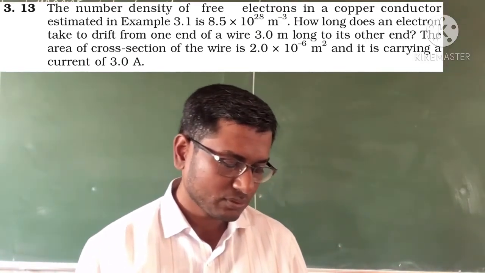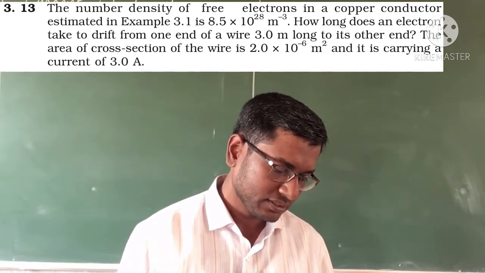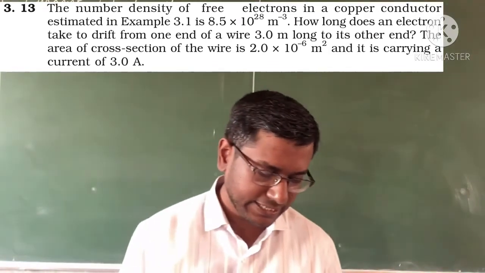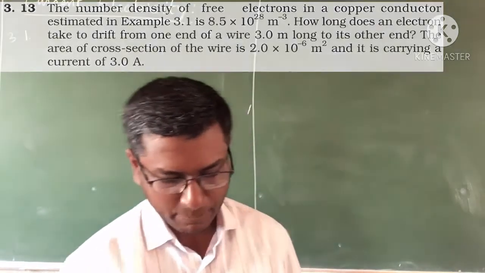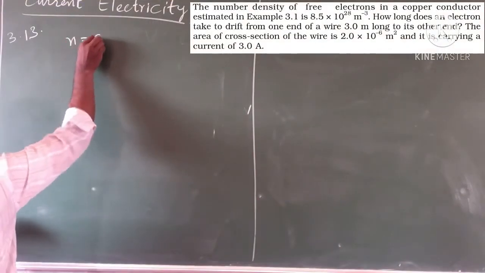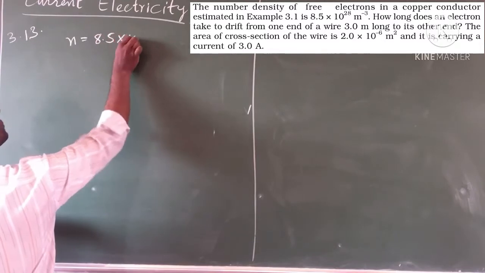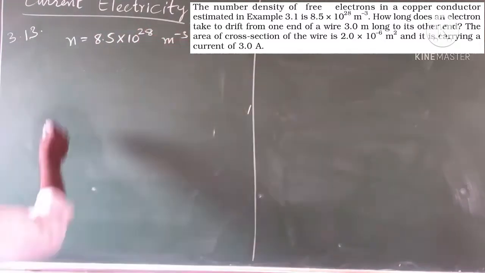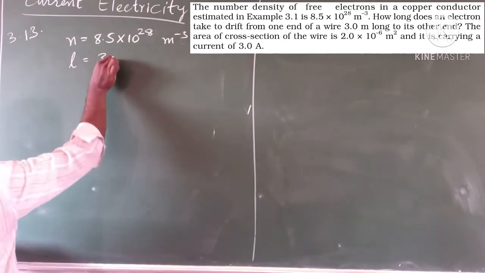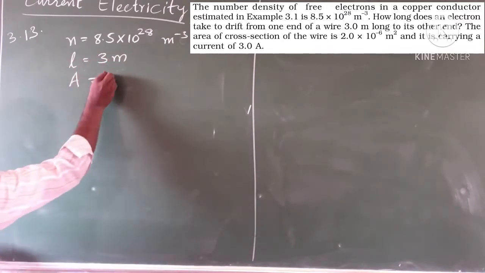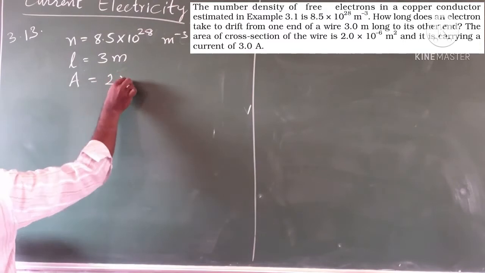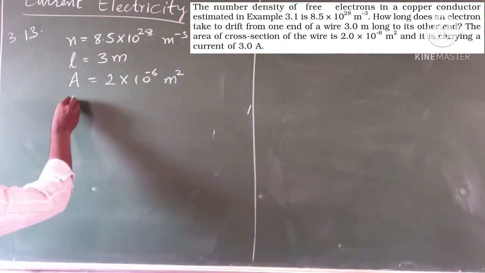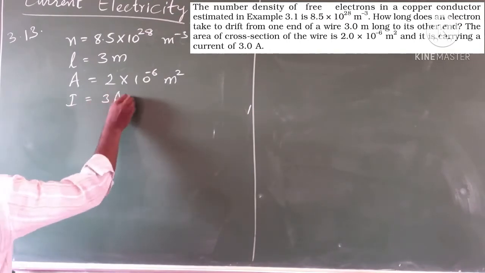The area of cross section of the wire is 2 into 10 to the power of minus 6 meter square, and it is carrying a current of 3 ampere. N equals 8.5 times 10 to the power of 28 per meter cube. Length of the wire is 3 meter, A equals 2 into 10 to the power of minus 6 meter square, I equals 3 ampere.